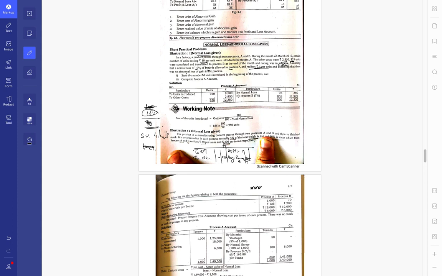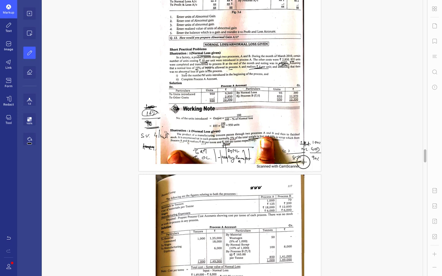Now if 855 units were transferred, that would mean that 855, we are subtracting normal loss over here, and this is the actual input. We don't know either of these, but we do know that this is 10%. If this is 10% and this is 100%, that would leave us with this as 90%.